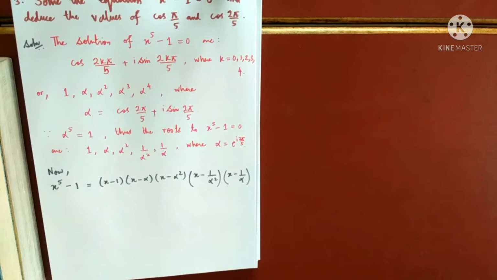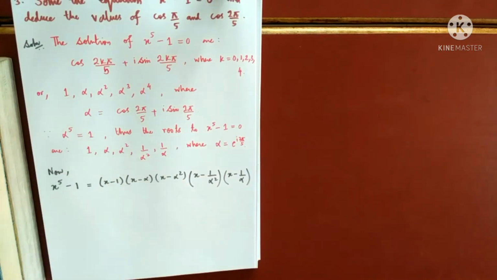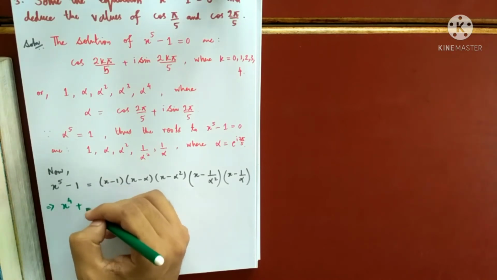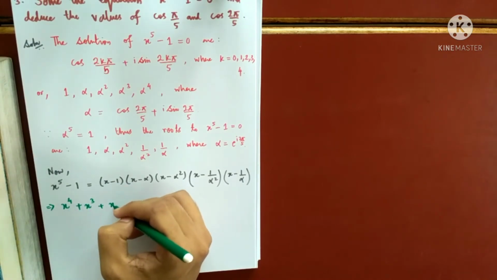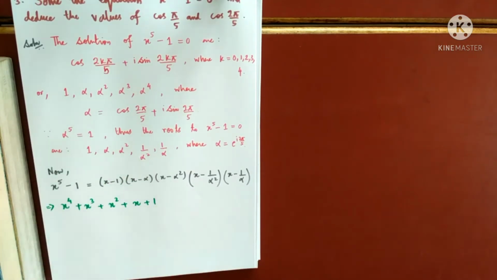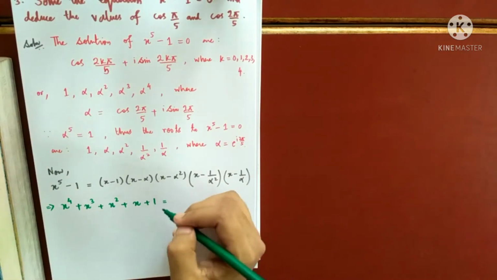So it can be factored in this manner because they are roots. If I divide by x minus 1, you know what is the logic? I remain with x to the power 4 plus x cube plus x square plus x plus 1, because that is the GP. Instead of doing the division, you can also apply the formula for GP.